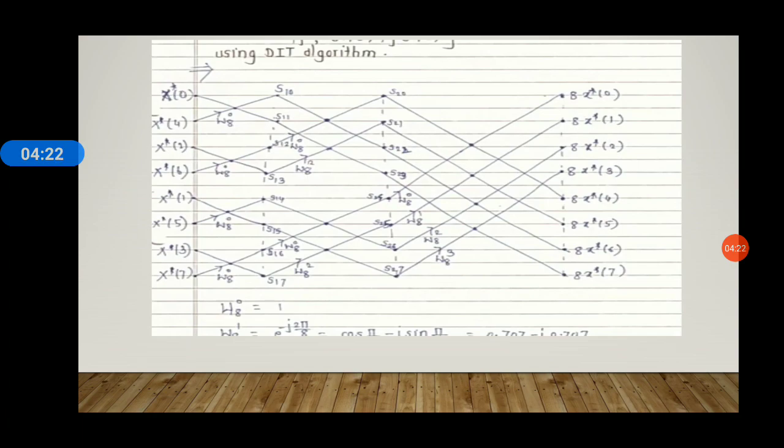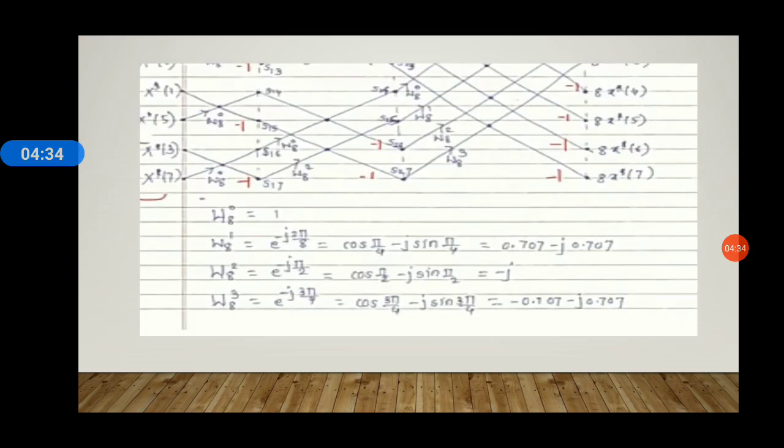As it is DIT, the first butterfly is between two consecutive numbers. Before we proceed, we need to know all the twiddle factors, that is W8 to the power 0, which is 1, W8 to the power 1, W8 to the power 2, W8 to the power 3. All these 4 twiddle factors are found here in this slide.